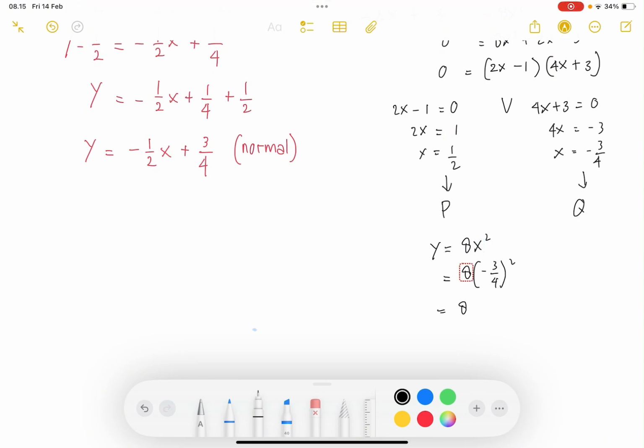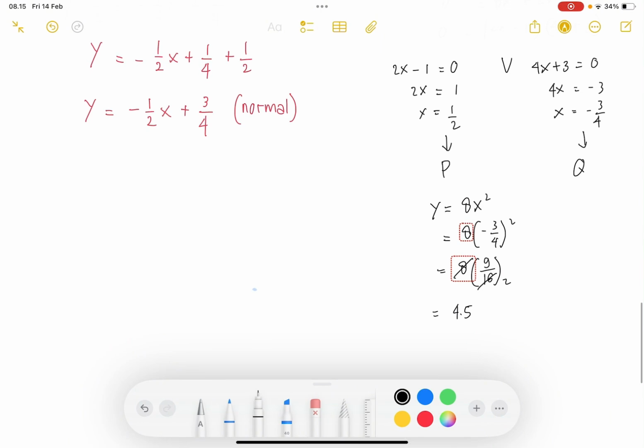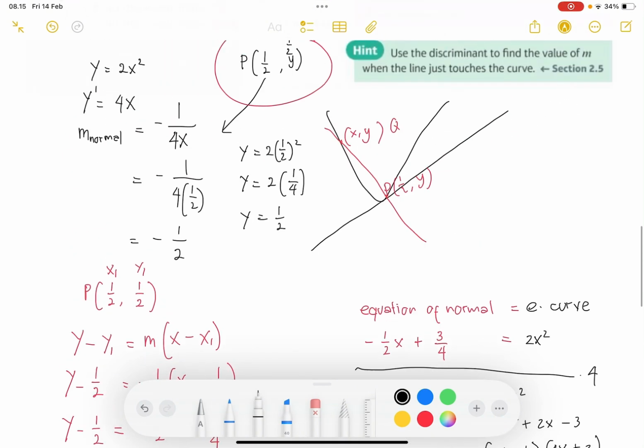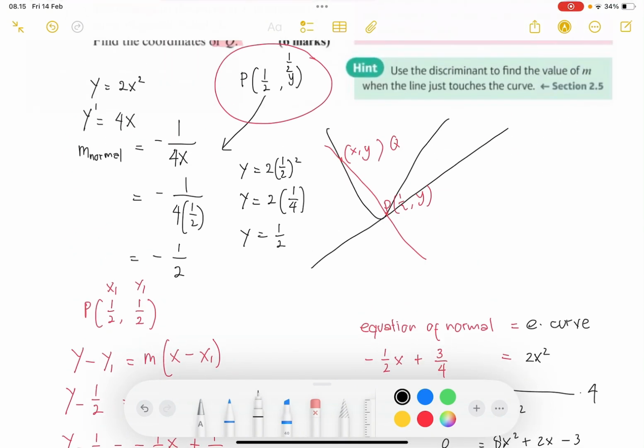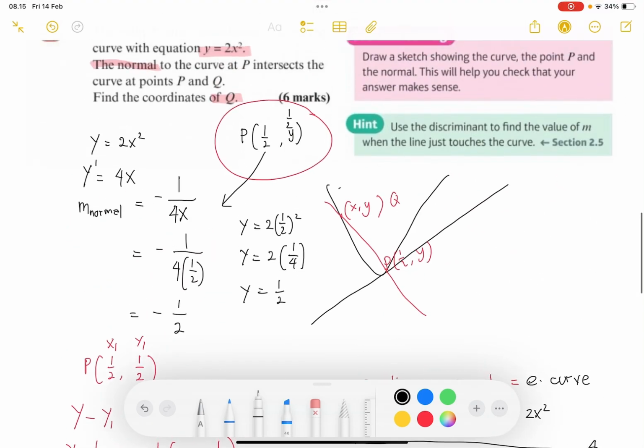Here 2 times 9 over 16, which is 9 over 8. So this is going to be the y. So what is this x and y? X is minus 3 over 4, and y is 9 over 8.